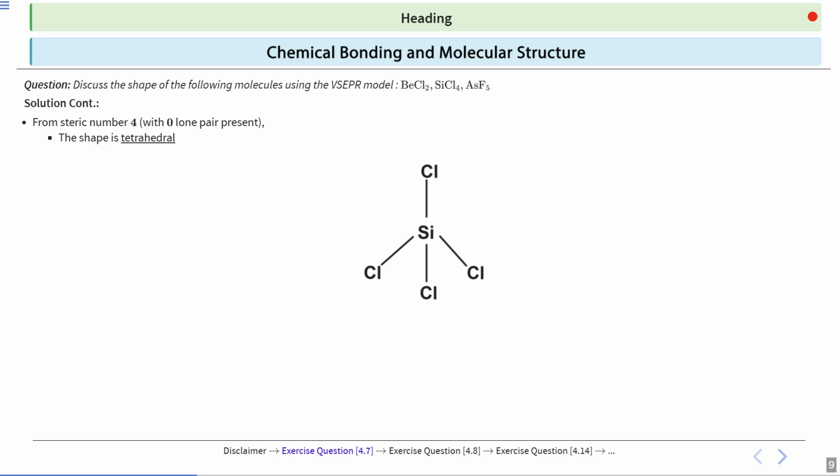It's very easy to determine the geometry if you know the shape. Yes, both of them will have the same shape and same geometry, because geometry includes the lone pair on the central atom. As BeCl2 and SiCl4 have no lone pair on the central atom, the shape and geometry will be the same.